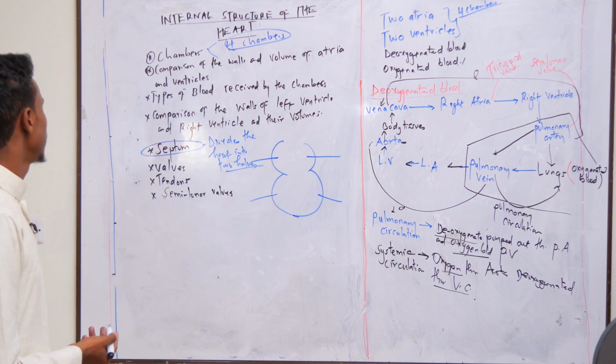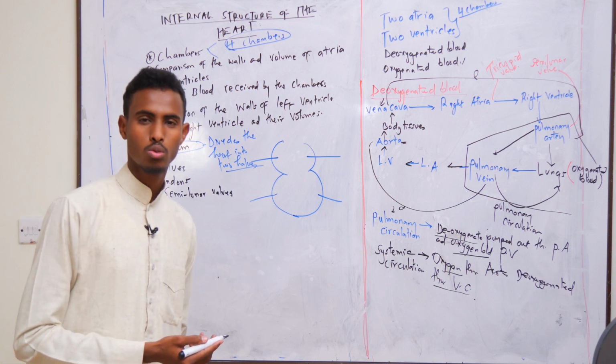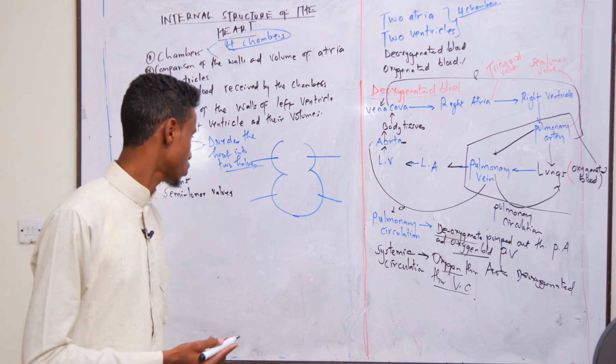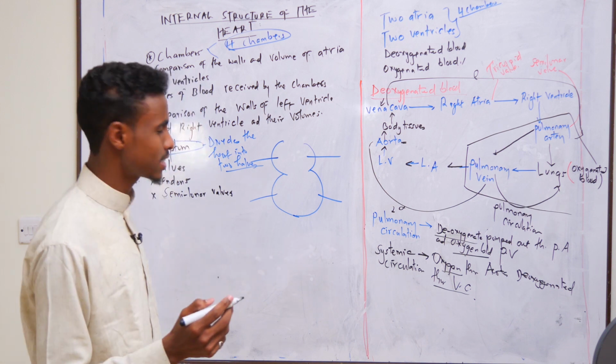Now, let's look at the comparison of the walls of the left ventricle to that of the right ventricle. We say that the left ventricle is thicker than the right ventricle.